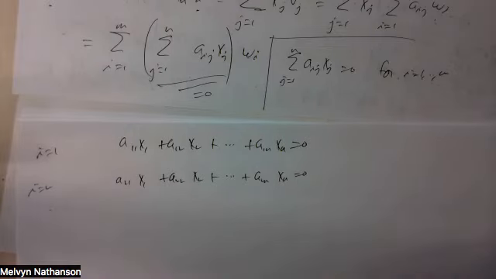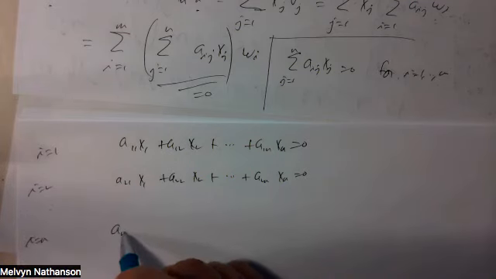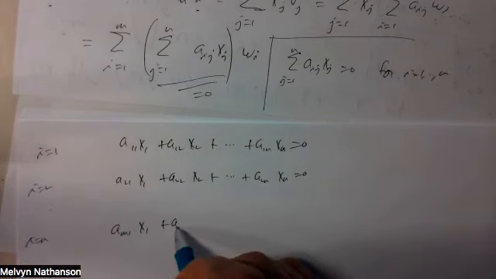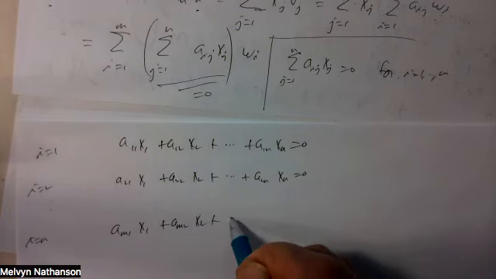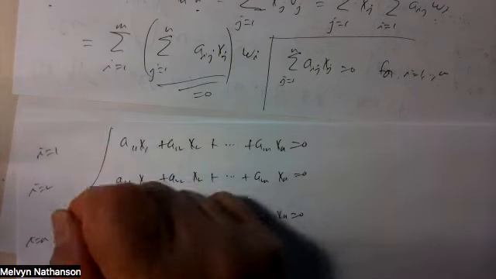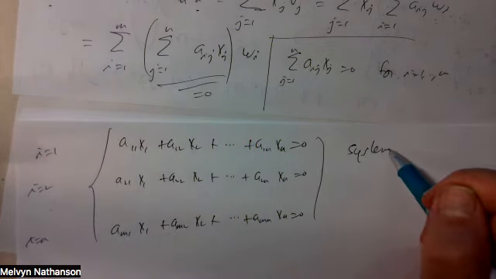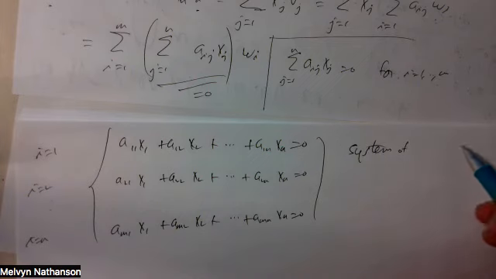All the way down to the mth equation, i equal to m, I get am1 x1 plus am2 x2 plus amn xn equals 0.